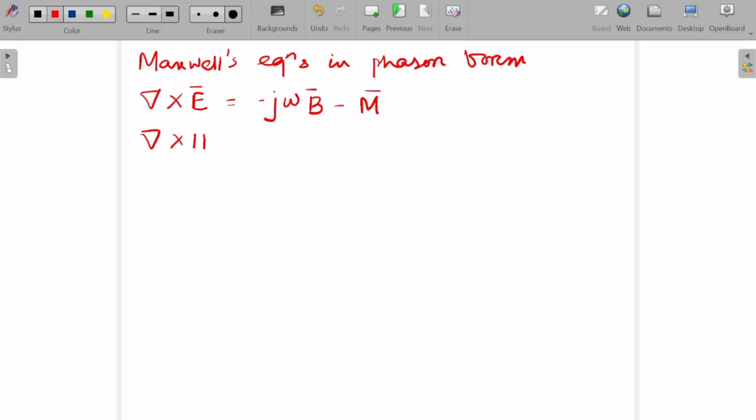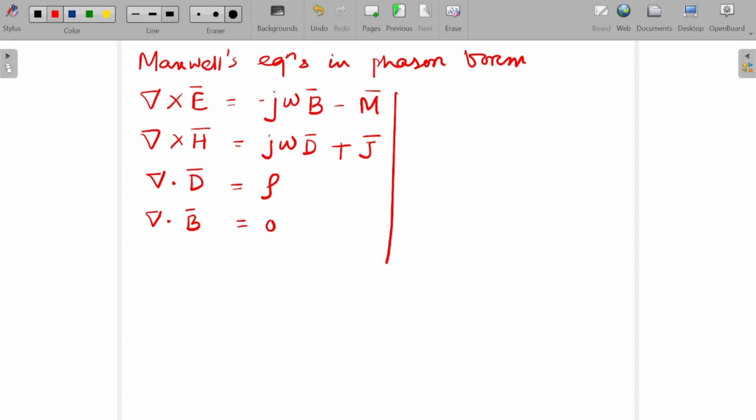Similarly, del cross H can be written as j omega D, the electric flux density, plus this electric current density. Now we have the divergence of electric flux density equals rho. These two remain the same.